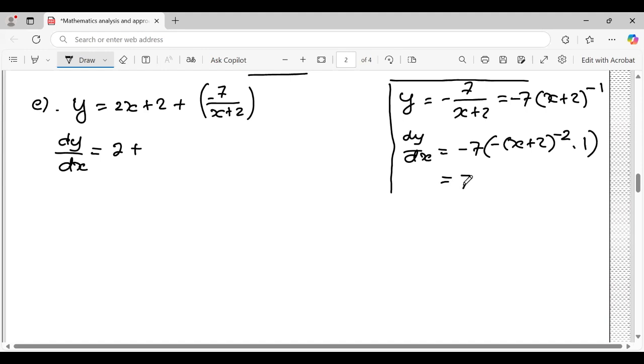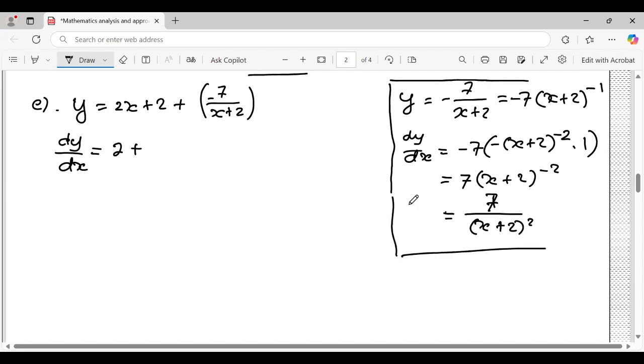So it becomes positive 7, because minus 7 times minus 1 is positive 7, (x plus 2) to the power minus 2, or 7 over (x plus 2) squared.